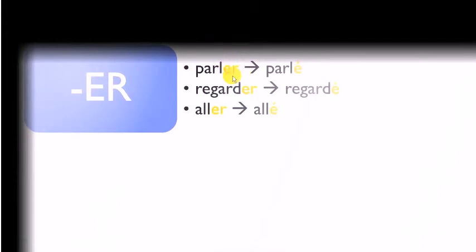So this is the infinitive form, so the basic form of the verb, okay? And then the participe passé, so this past participle, will be like that, with an accent aigu. So parler, all right? Then the verb regarder, here, will follow the same rule. Regarder, like that, with the accent aigu.